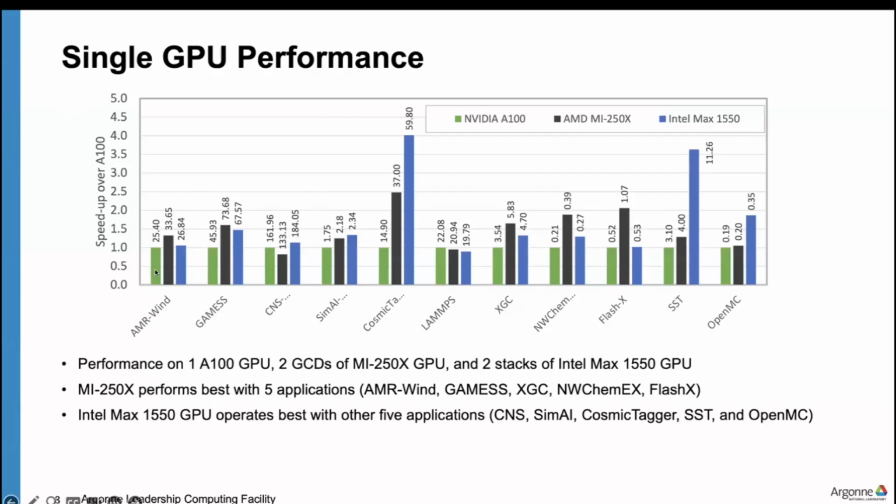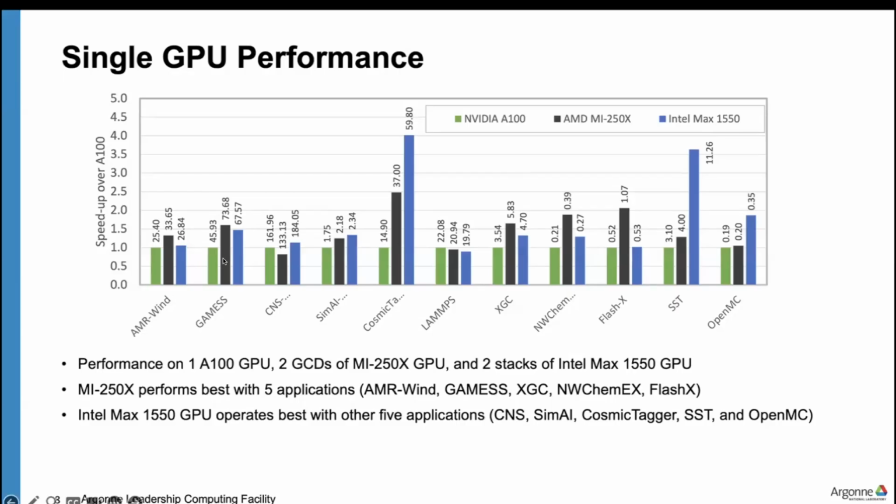Each application has three different color bars: green is NVIDIA, black is AMD, and blue is Intel. Each bar has some labels, and those numbers represent a figure of merit. For the AMR-Wind application, NVIDIA 25 means 25 million cells per second for a single time step, AMD 33 million cells per second, and Intel 26 million cells per second.